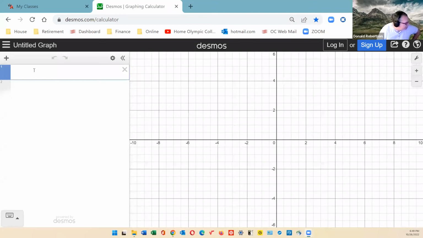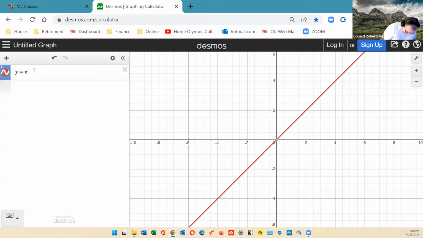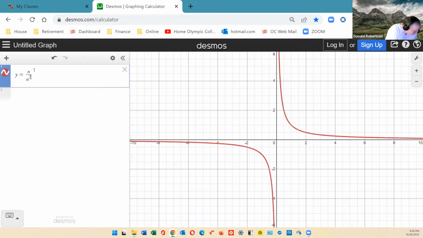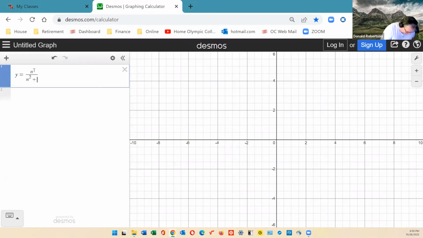Right, here is Desmos. Let's do a formula, right? What will I call it? I'll call it y equals, and let's say it's n divided by n squared plus 1.